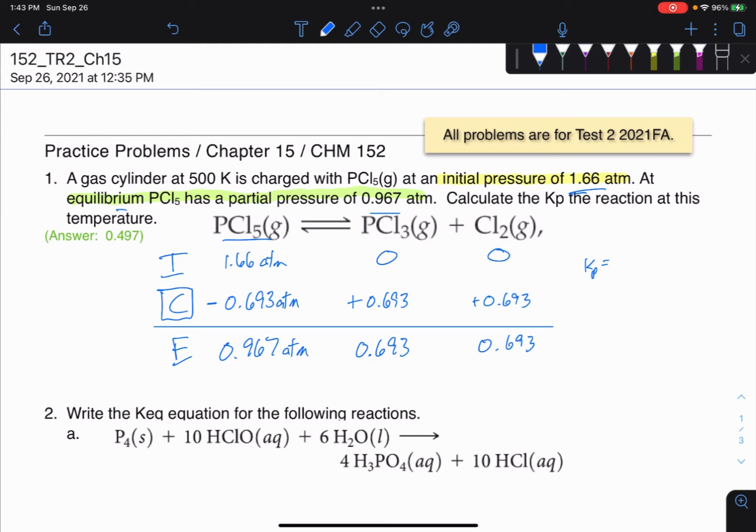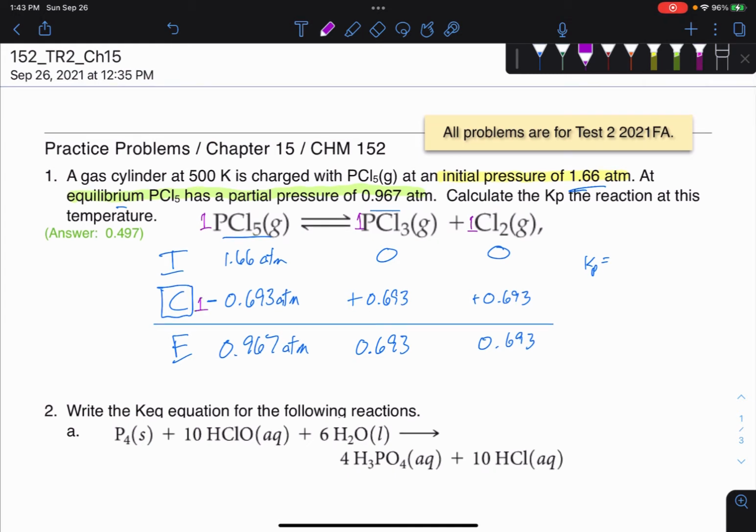Before I do that, I do just want to point out one little thing about this particular equilibrium reaction. Since we're at a 1-to-1-to-1 ratio here, and I'm being a little bit redundant, remember, the molar coefficients in the balanced equation dictate the multiplier that you see on the change line.